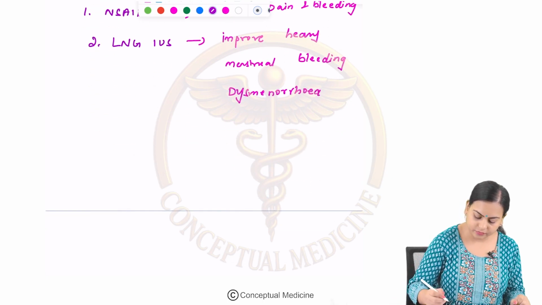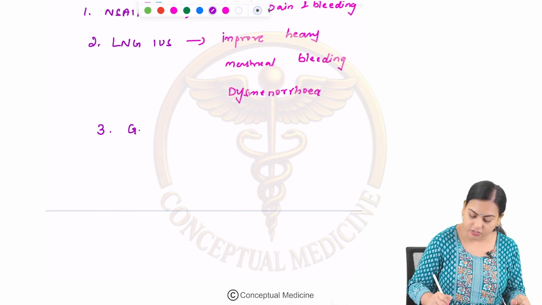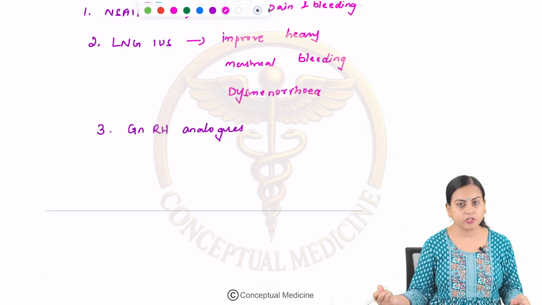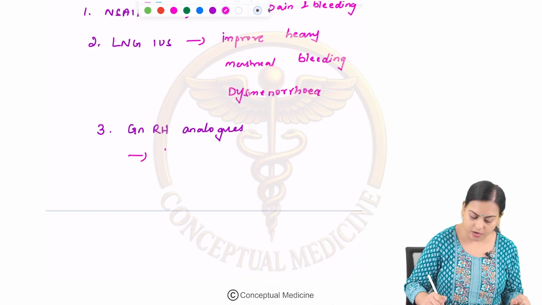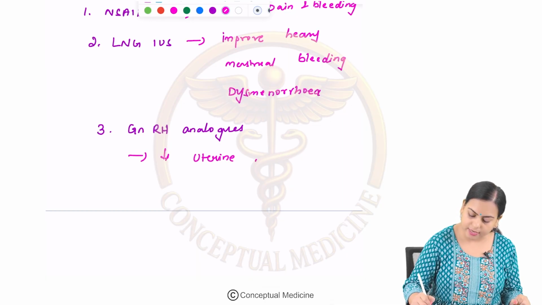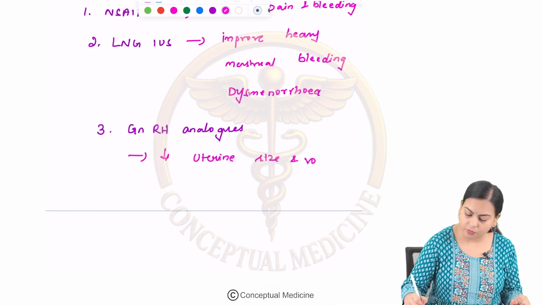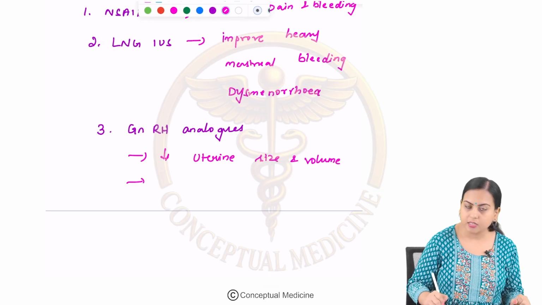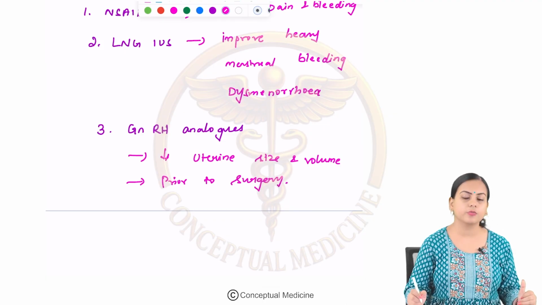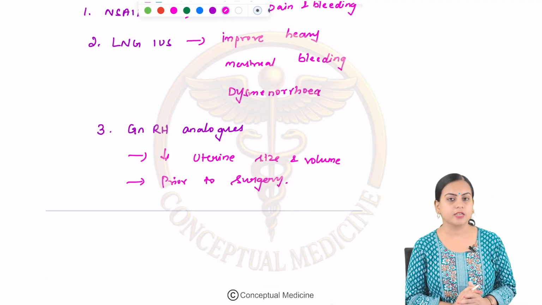Then GnRH analogs also. GnRH analogs cause reduction in the uterine size as well as the volume, and this can be used prior to the surgery so that you will be making the surgery easier.